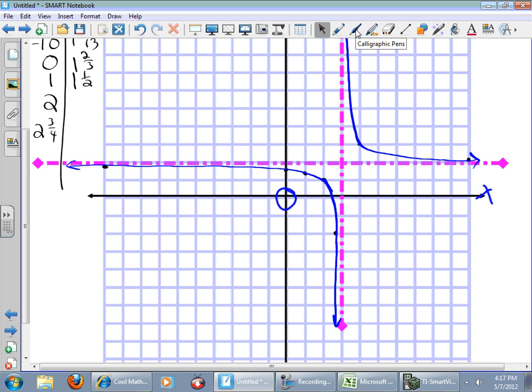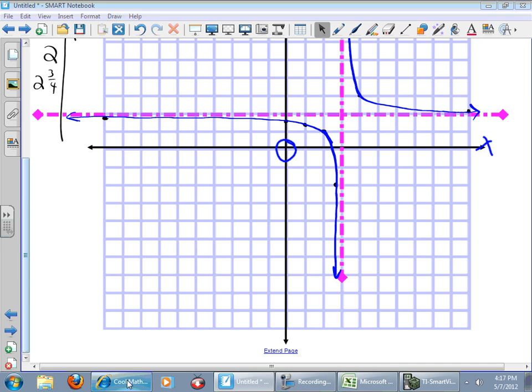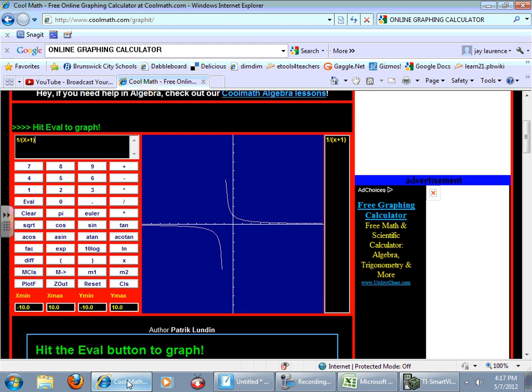Okay, let's take a look on our cool math, and the equation was 1 over x minus 3 plus 2. Let's clear this out and see if I can just do this.